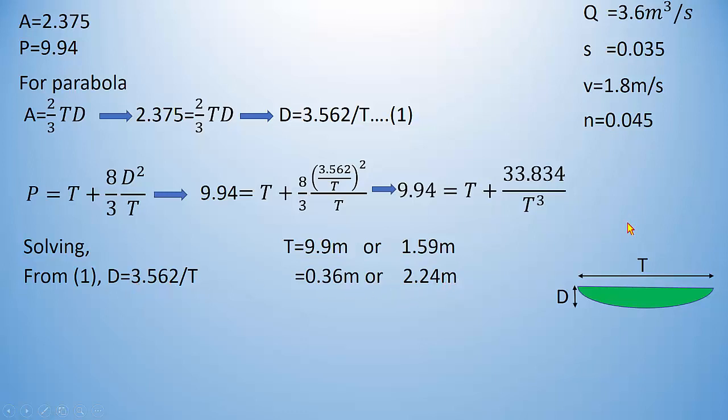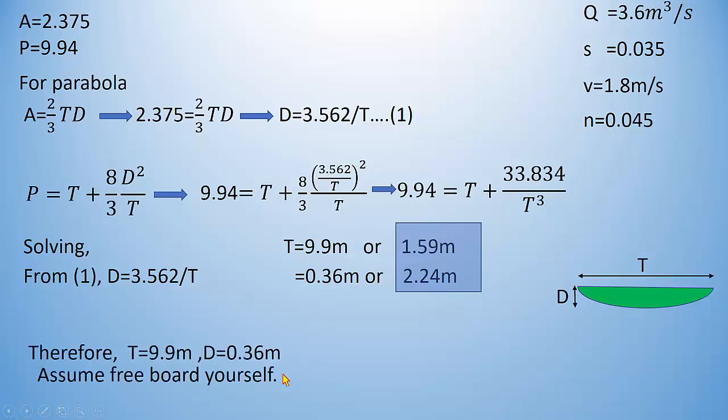But looking at the practical figure, the depth of the parabolic grassland is always smaller than the top width. From the second solution, the top width is smaller than the depth, that is 1.59 is smaller than 2.24 meter. So we neglect this solution and take our solution as 9.9 meter as the top width and 0.36 meter as the depth. And you can assume the freeboard yourself.